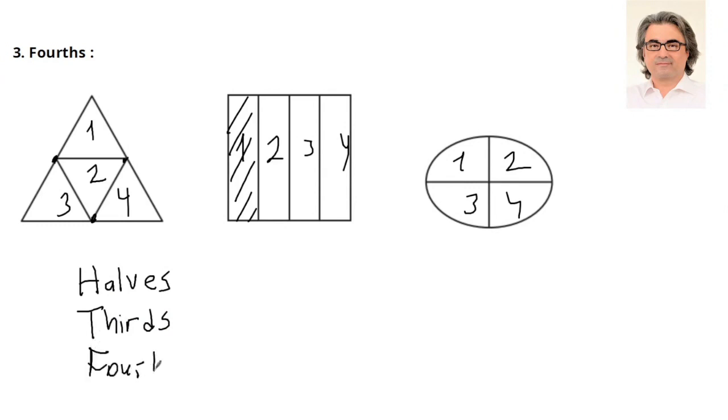Here I divided the whole into 4 equal pieces. I think you understand. Don't forget, please, these definitions. Now I think slowly you are getting better on this subject, and you are understanding the meaning of fraction.